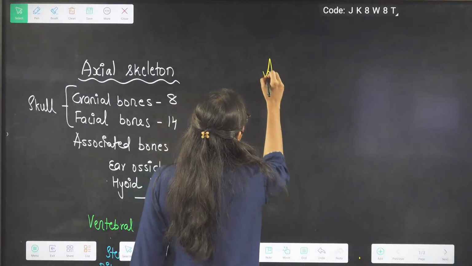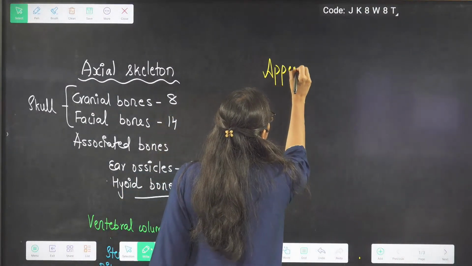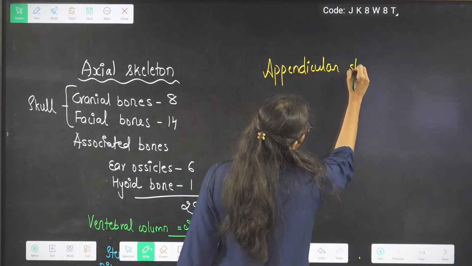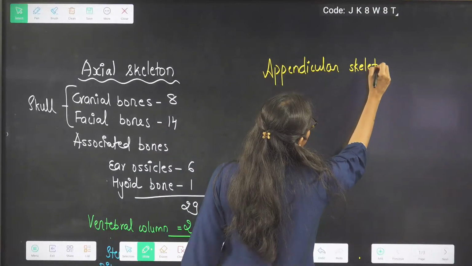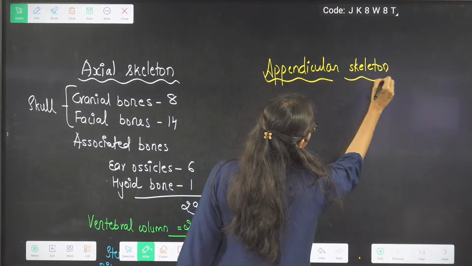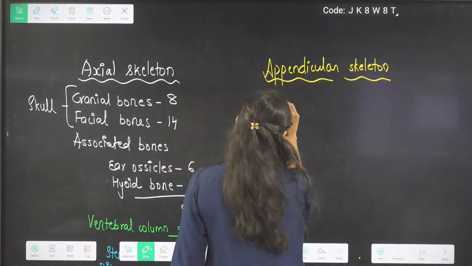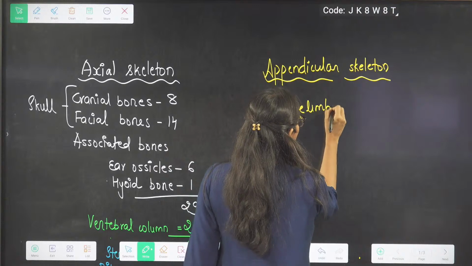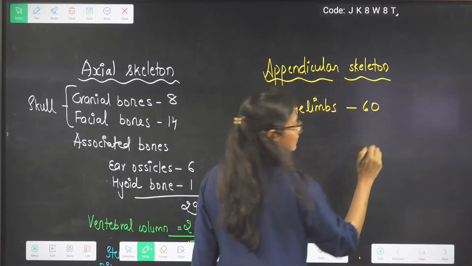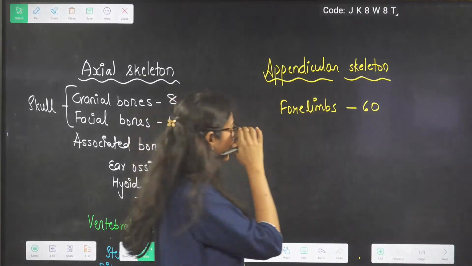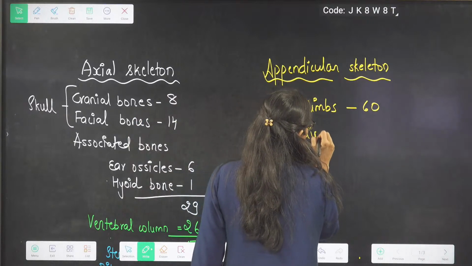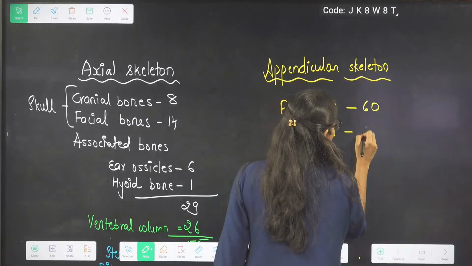So here I will write appendicular skeleton. Right? So here first the bones of 4 limbs. So directly I am going to write 60 for the 2 hands, then the bones of hind limbs, again 60.